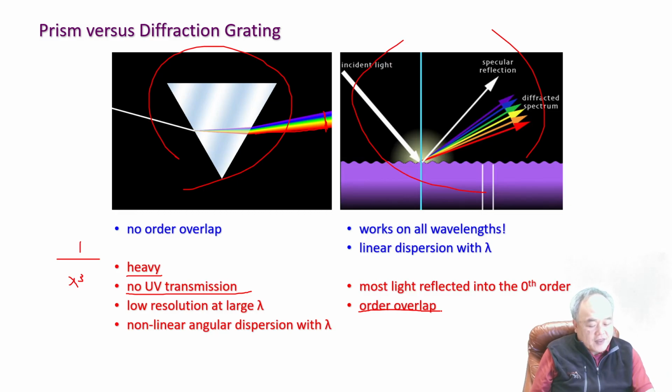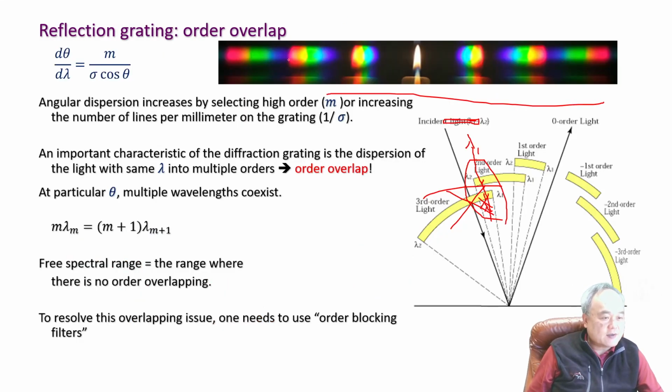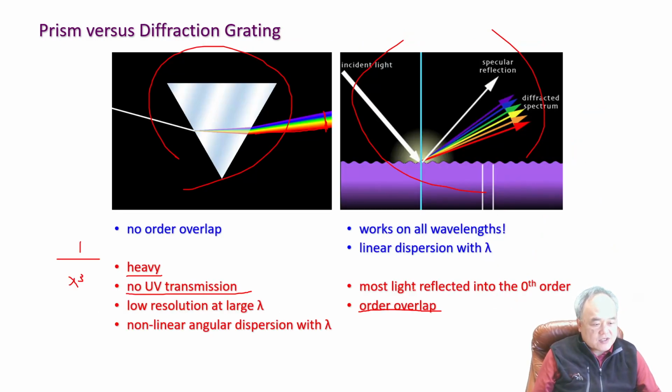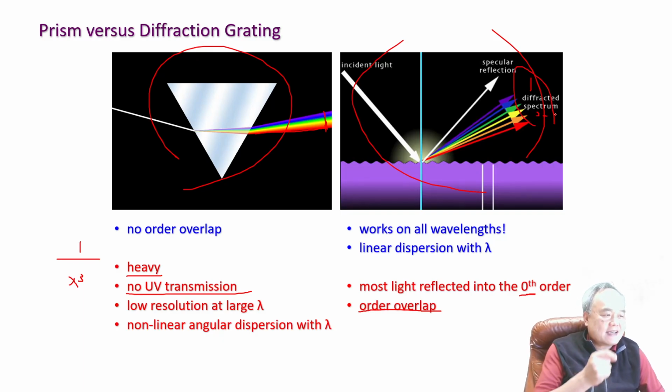And the main disadvantage of using gratings is this: imagine the intensity of most of the light is simply undispersed and just reflected into the zero order. This is undispersed, reflected light. Most energy is reflected into the zero order, first order and then second order, and the higher orders get less.